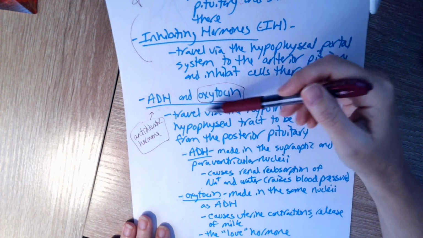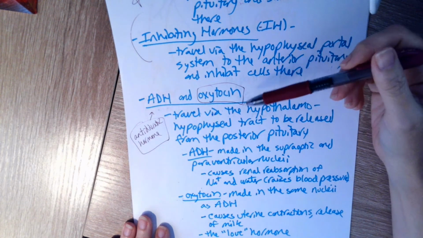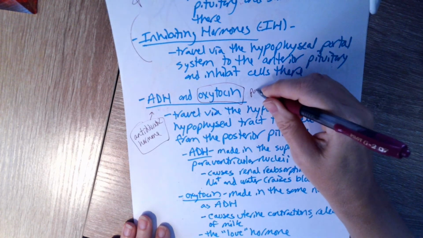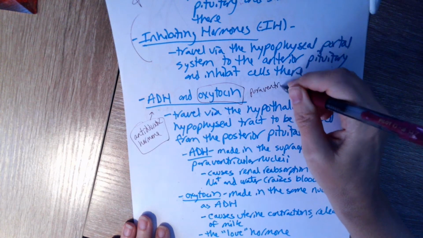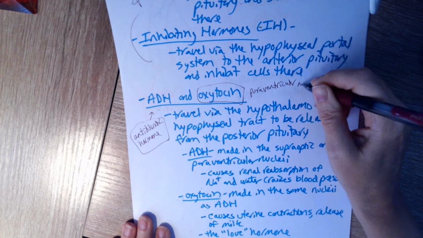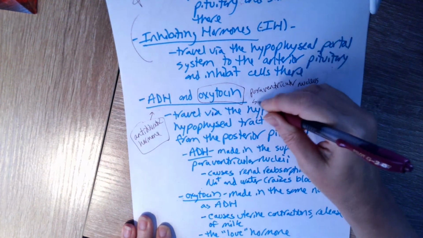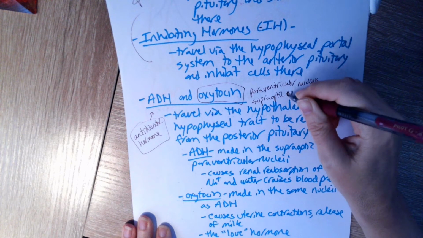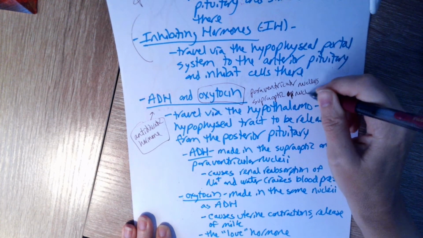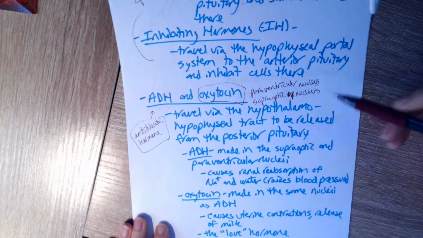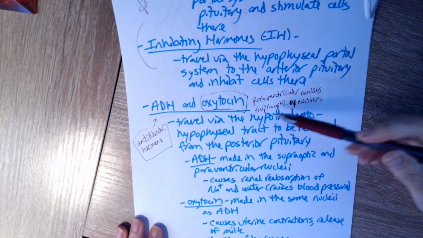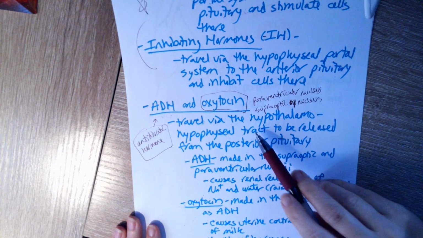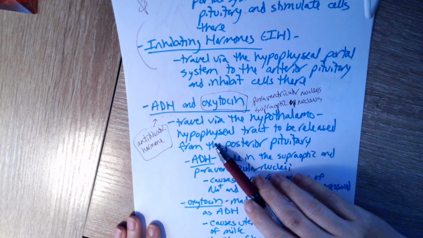So ADH and oxytocin are made in the hypothalamus in two very particular places, the paraventricular nucleus and the supraoptic nucleus. Both are made there in those two places. And they're going to go down through the infundibulum, not using the hypophyseal portal system this time, but they're going to be using the hypothalamo-hypophyseal tract.